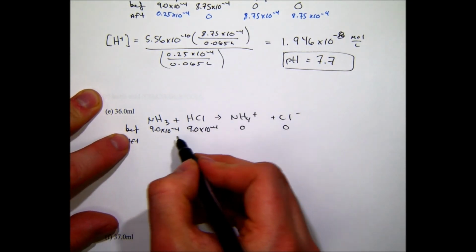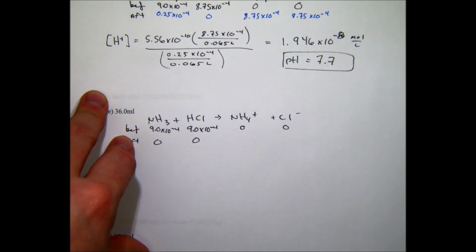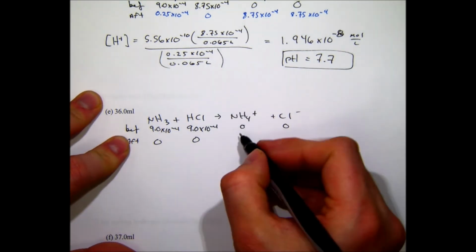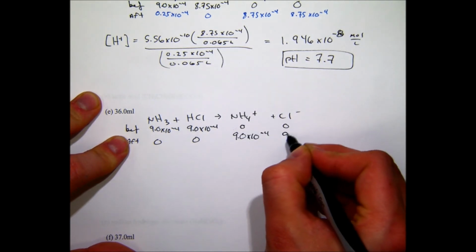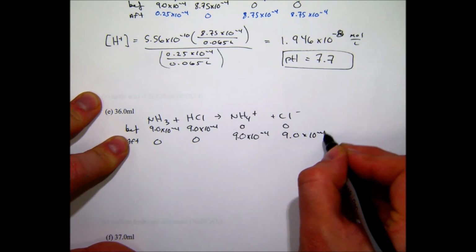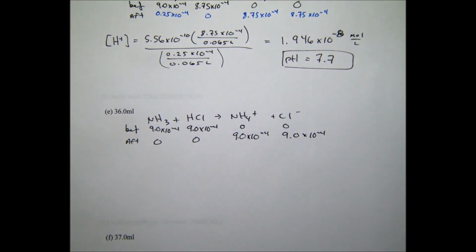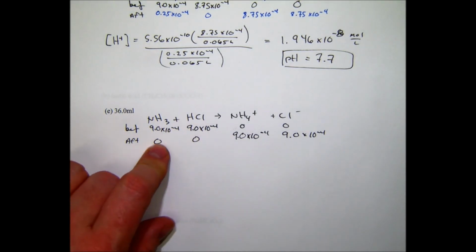Assume we have none. This will completely react all of this, meaning I have 9.0 times 10 to the negative 4 of just the product, so there is no reactant left in this case. Now we really can't do very much because we don't have any of this produced.